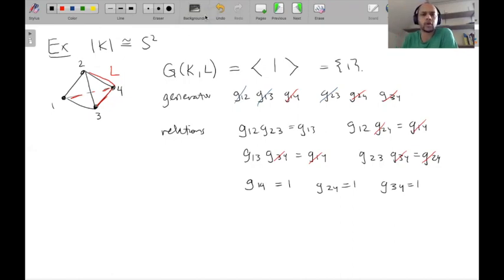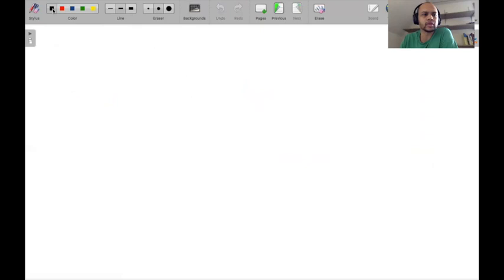One more example. Let's do one more example. Let's take a triangulation of the wedge of two circles.